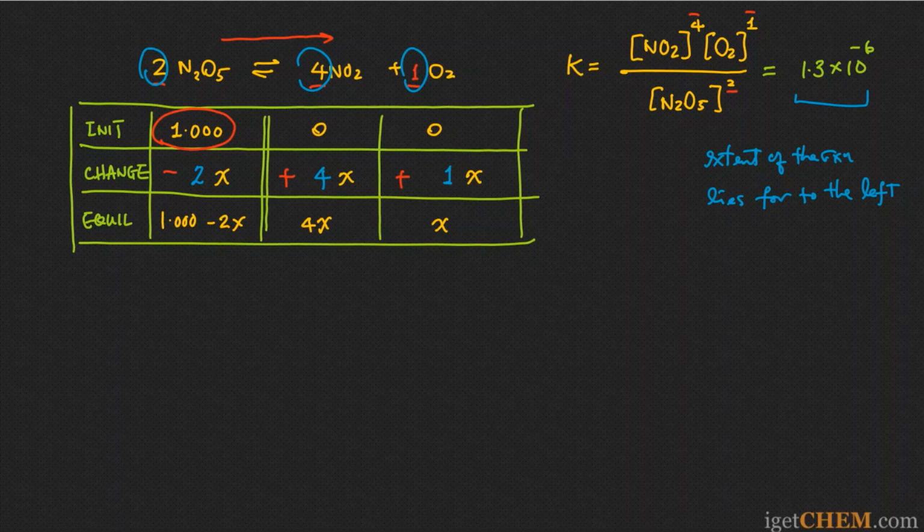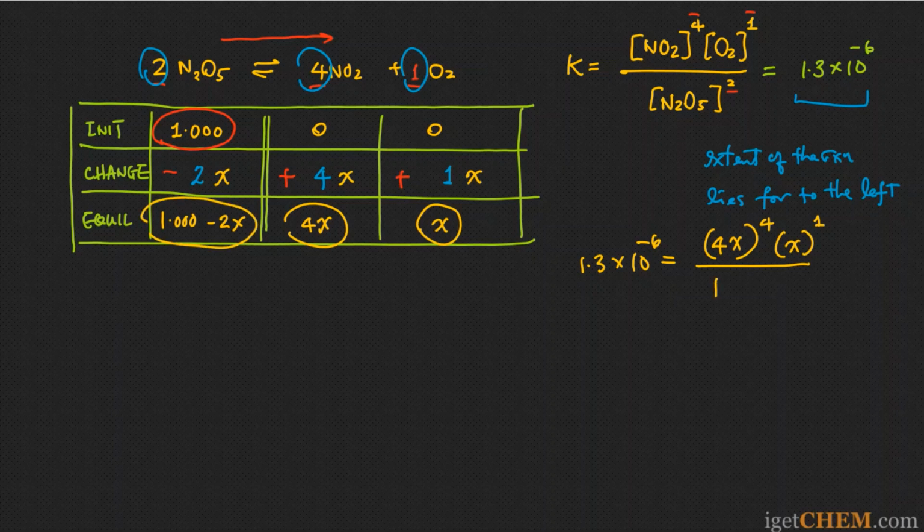So let's do that. K, which is 1.3 times 10 to the minus 6, is equal to the NO2 concentration to the fourth power. So that's 4x, which is right here, to the fourth power, multiplied by the O2 concentration, x, to the first power, divided by the N2O5 concentration, which is 1.000 minus 2x to the second power.